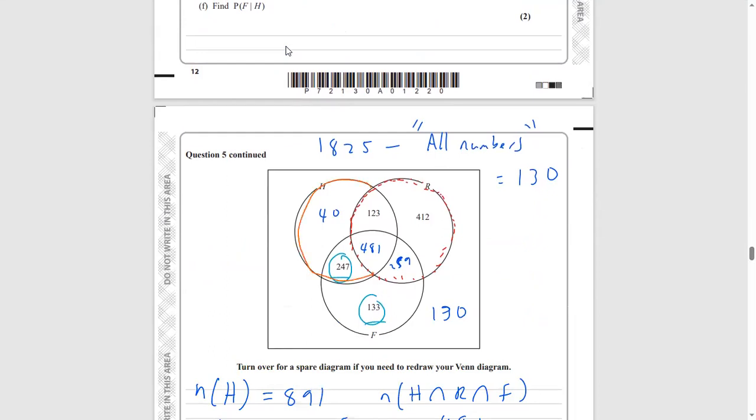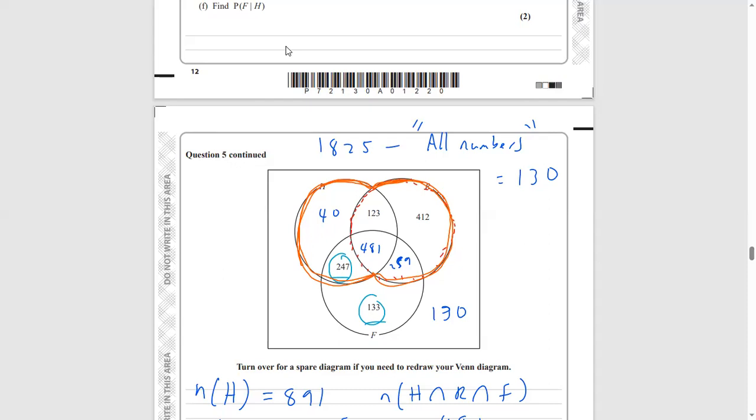These two circles combined, I'm doing in orange. I can't think of the word to describe the shape, but this orange shape here. Every person that falls inside these two circles combined either works from home or is from area A.